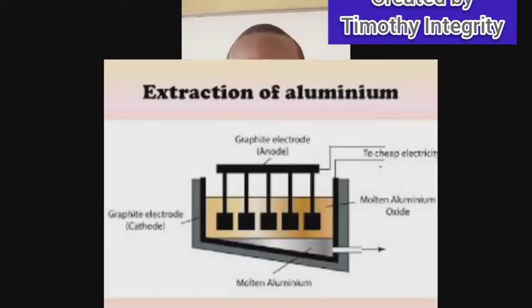For instance, you extract sodium from the electrolysis of fused sodium chloride, whereas aluminium is extracted from alumina, that is aluminium oxide. So molten alumina is used as the electrolyte, and by electrolysis, aluminium is extracted.